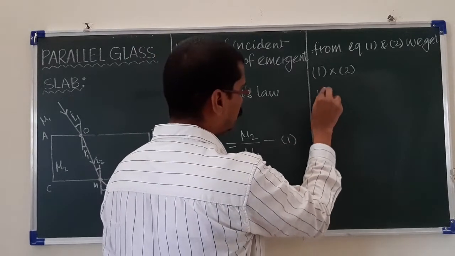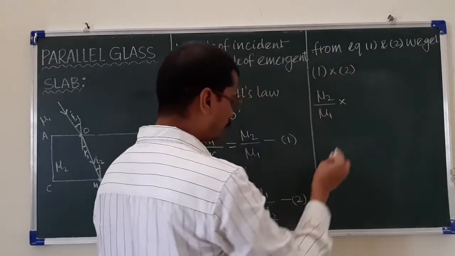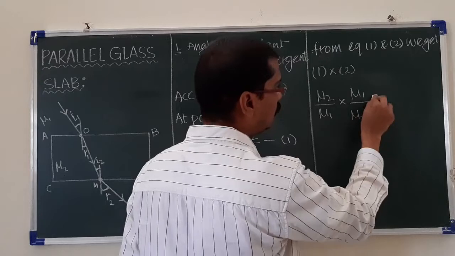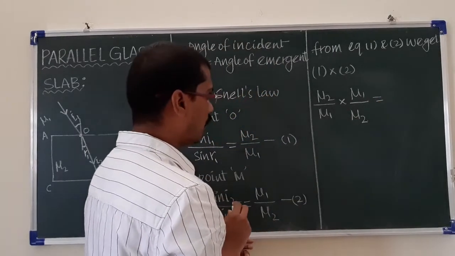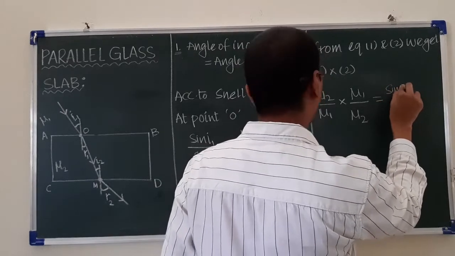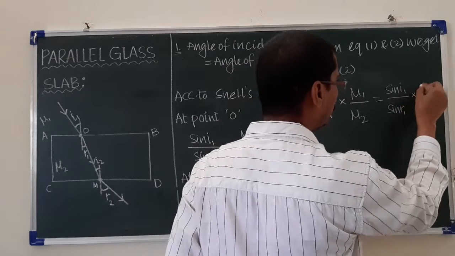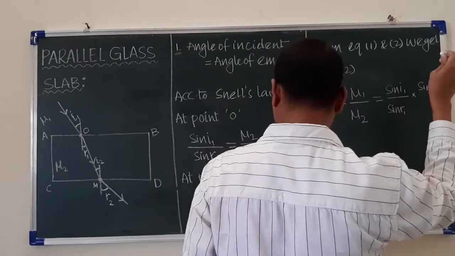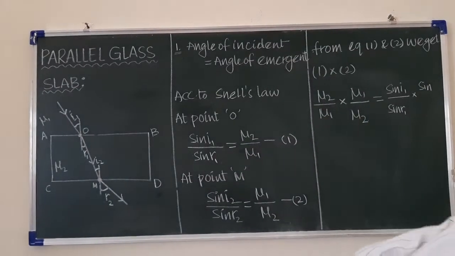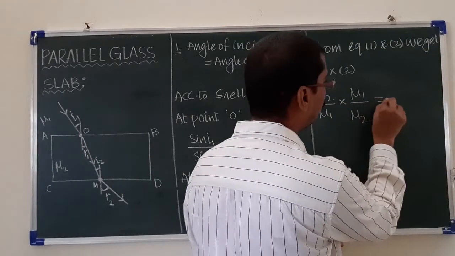Now mu2 upon mu1 into mu1 upon mu2 is equal to sin I1 upon sin R1 into sin I2 upon sin R2. Now this product is equal to a constant.